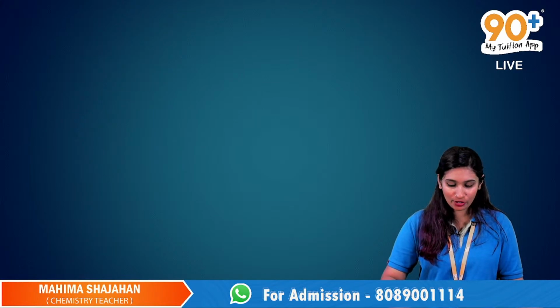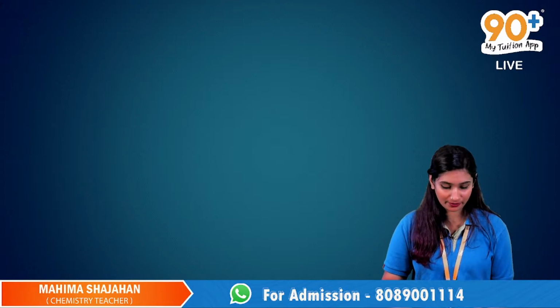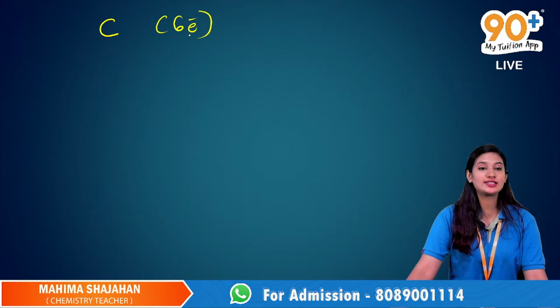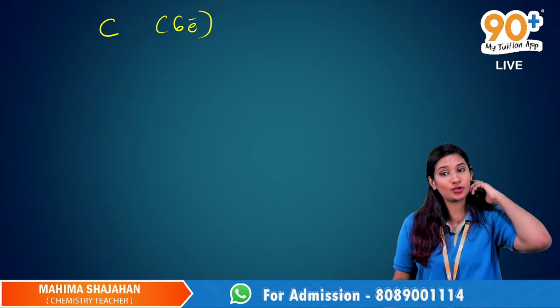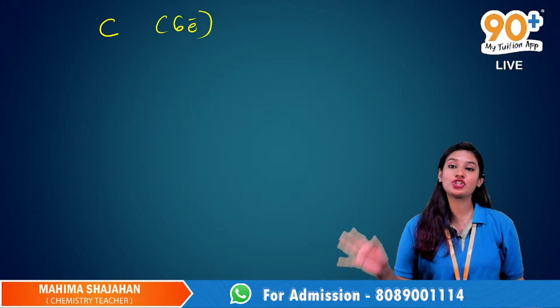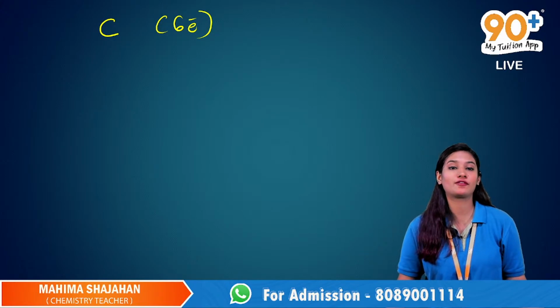Now quickly draw the structure of carbon. Carbon has got 6 electrons. They'll ask, like in the exam, to draw the structure. Draw the structure and also write the electronic configuration.